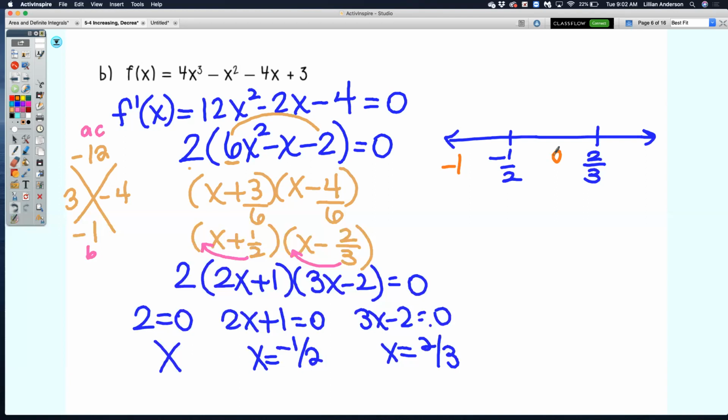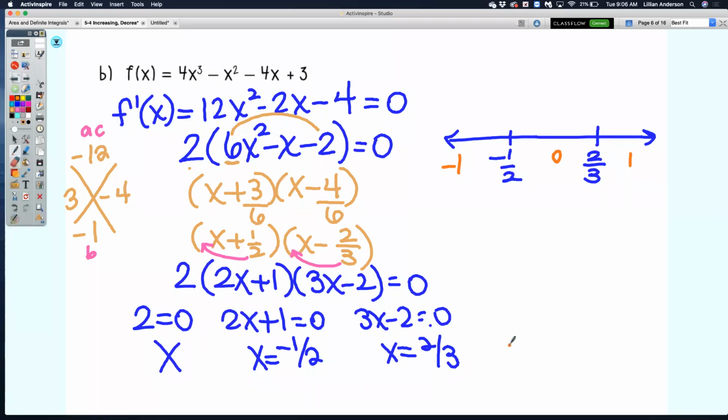The only time you can't use 0 is if, when you do your derivative, you have an x in the denominator, then you wouldn't be able to use 0 as a test point. And then what's a number bigger than 2/3? 1. These values get plugged into the derivative, and we are concerned about the sign of the number, so whether it's positive or negative versus actually what the number is itself. So figure out if I'm positive or negative on each of these intervals, each of these sections.